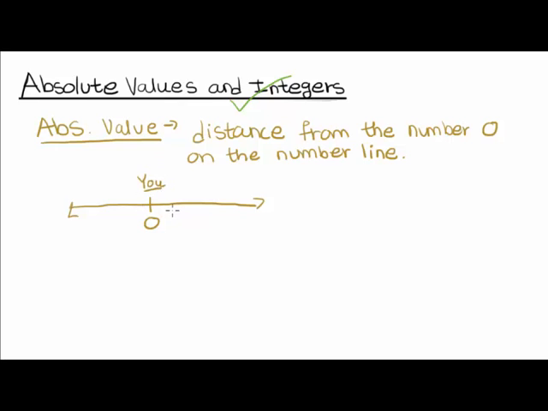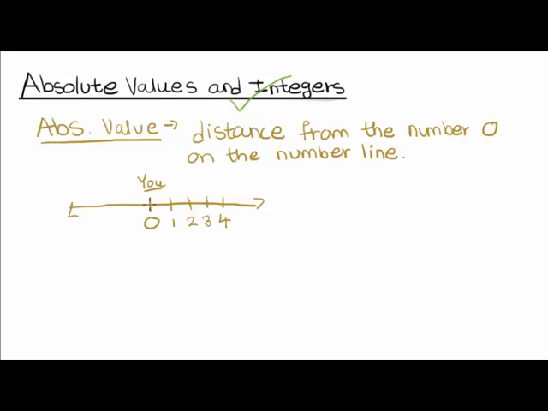Okay, so you're at the number line and you want to figure out what the absolute value of this number over here, so 1, 2, 3, 4 is. So the absolute value of 4 is just that, it is 4. You will be starting at 0 and you'll be taking 4 steps basically to get to the mark.